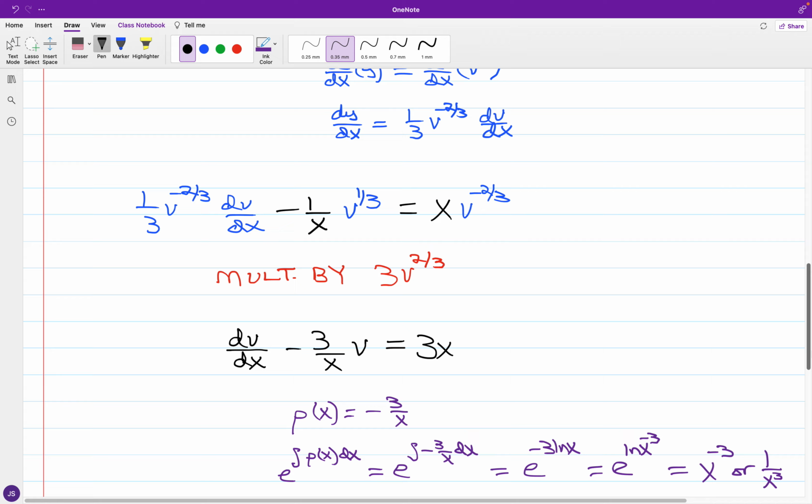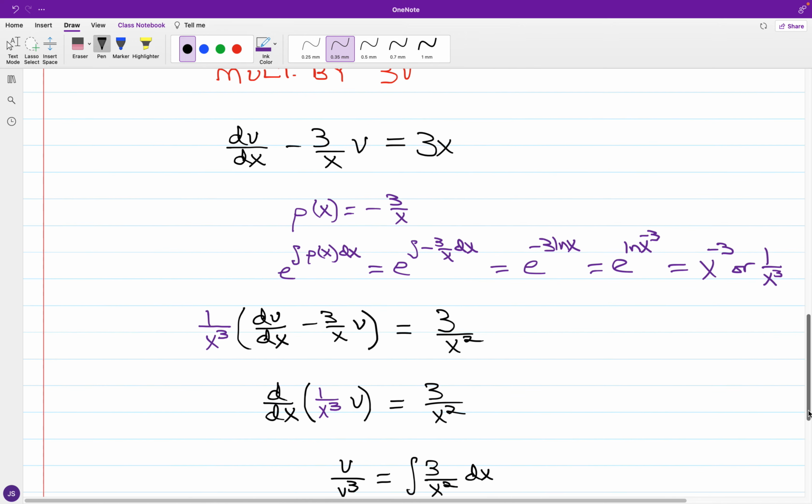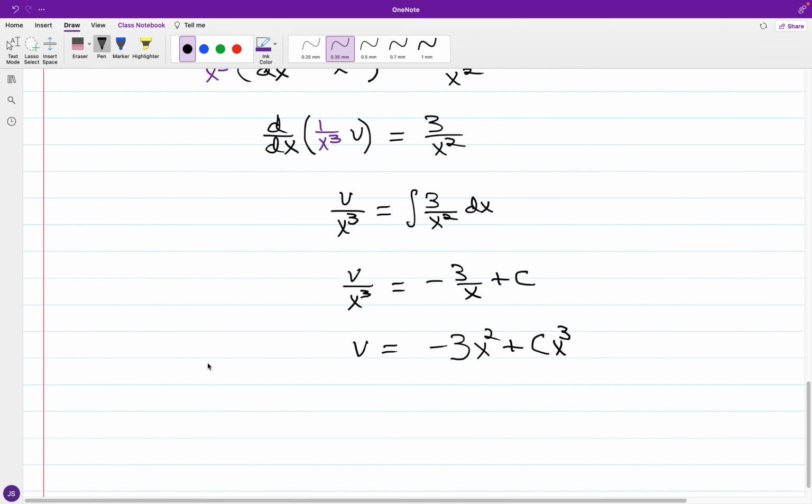Now I'm looking at putting the results in terms of x and y. I had set the stage having set v equal to y to the third. With back substitution, we have that y to the third is equal to negative 3x squared plus cx cubed.